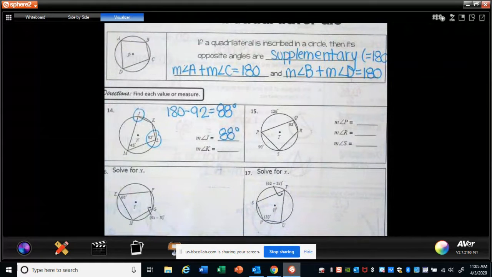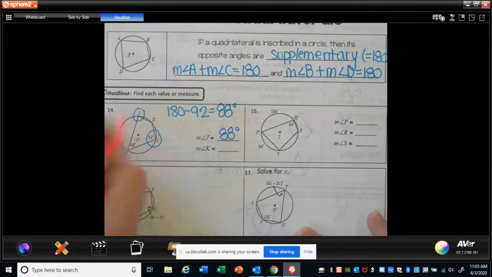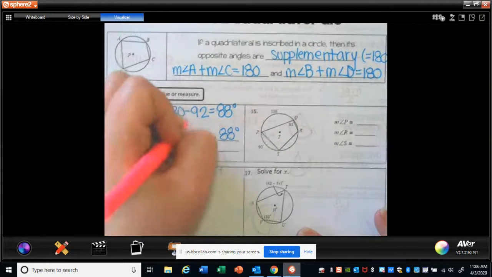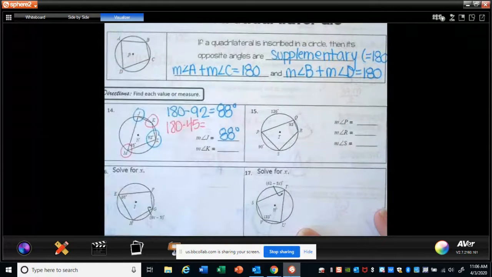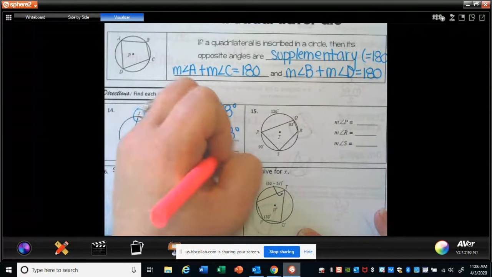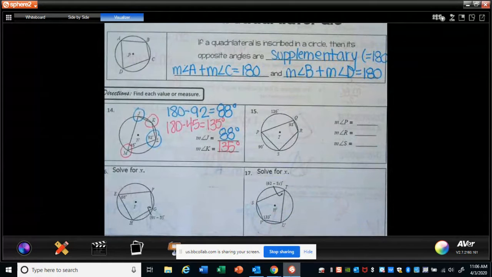Now, M is opposite of angle K. So I'm going to do the same thing again. I'm going to say 180 minus 45 this time, and I'm going to get 135 degrees. And that is how we find angles inside of the circle of a quadrilateral.